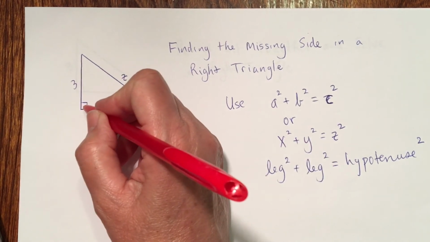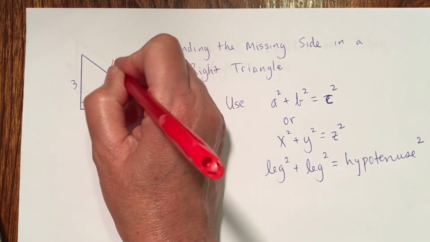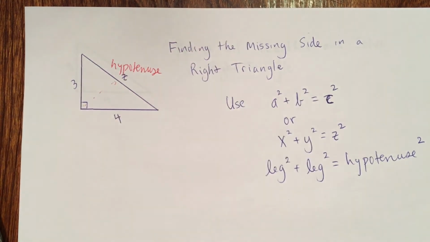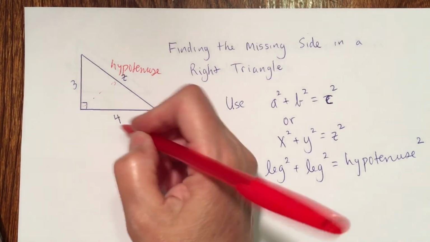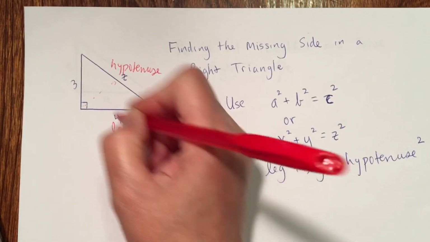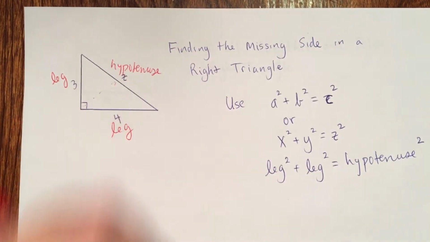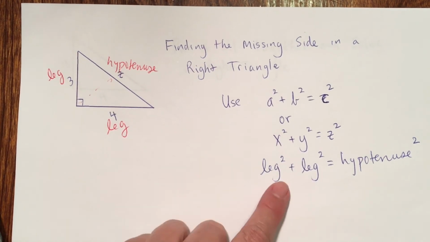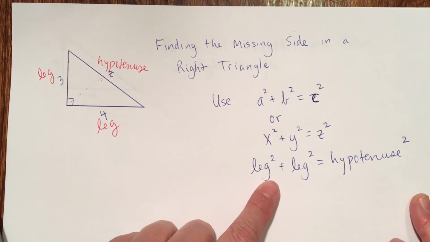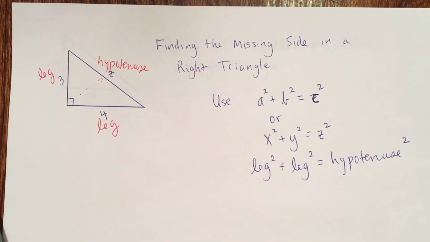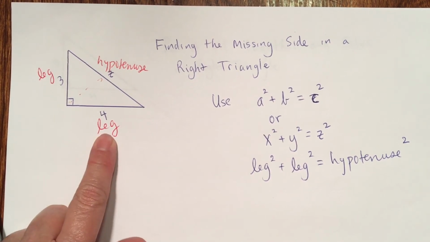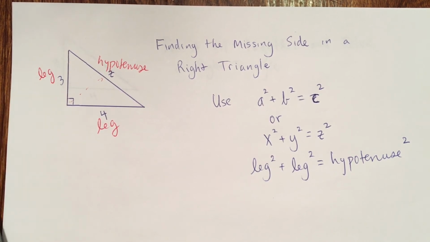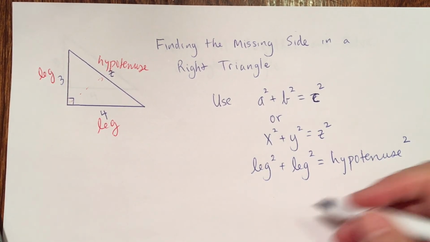Again, right angle, go across, there's the hypotenuse. It's important that you identify the hypotenuse. This means the other 2 are the legs of the right triangle. So I'll just go with leg squared plus leg squared equals hypotenuse squared. And in fact, if you like, leg number 1 squared plus leg number 2 squared equals the hypotenuse squared.